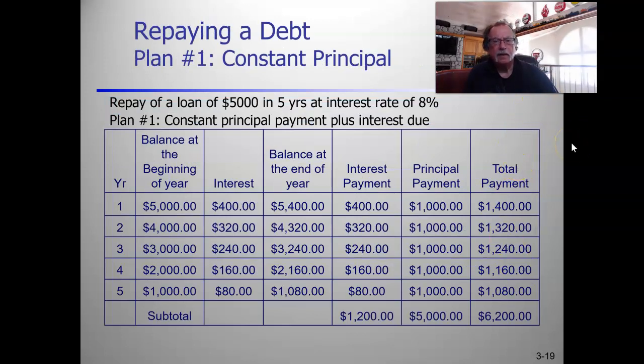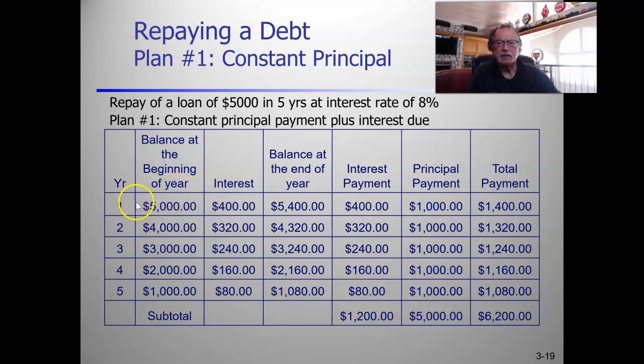Now, let's look at this same loan, and we're going to repay it. But what we're going to do is pay $1,000 a year of principal, plus we're going to pay any interest that's due. So at the beginning of year 1, end of year 0, we're going to borrow $5,000.